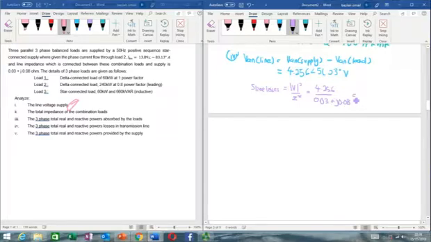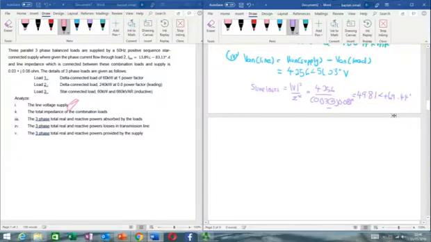So the answer is 49.81 angle 69.44. Positive, sorry, because this one you have to conjugate. Conjugate changes the sign, so this one should be negative, so this is positive.